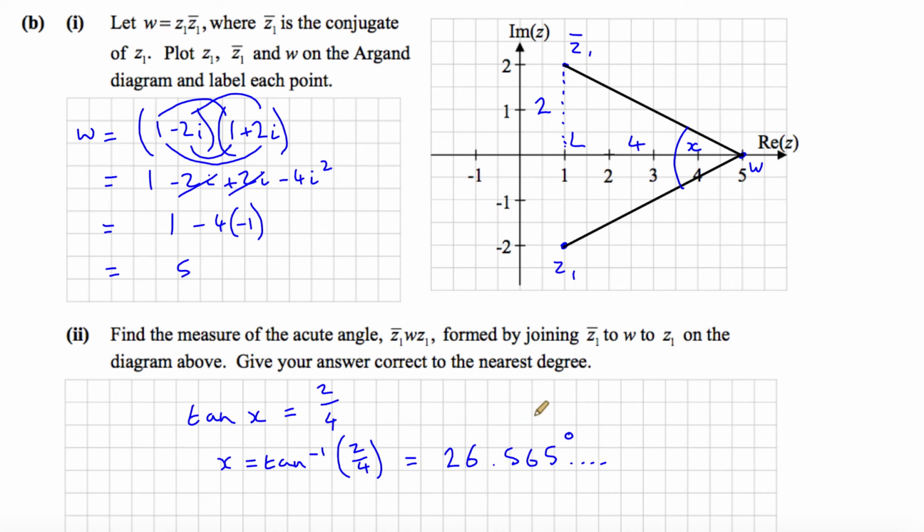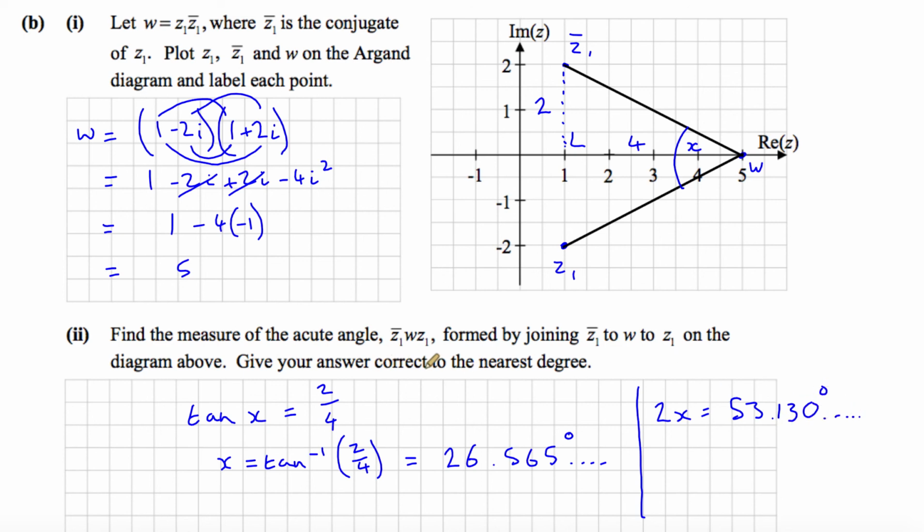Okay, so that's X, but the angle I'm looking for is twice that. So twice X is equal to 53.130 and on it goes, degrees.